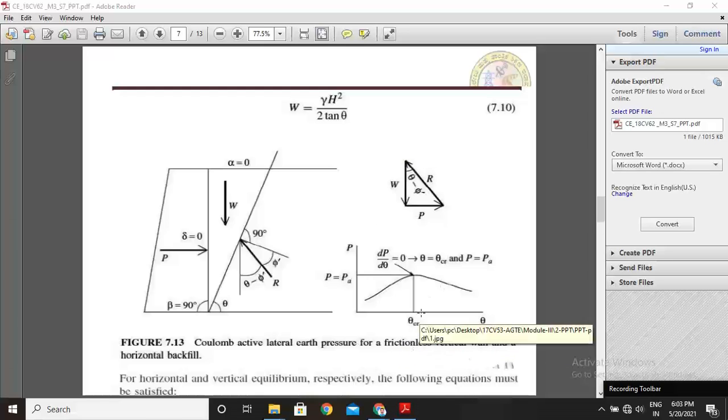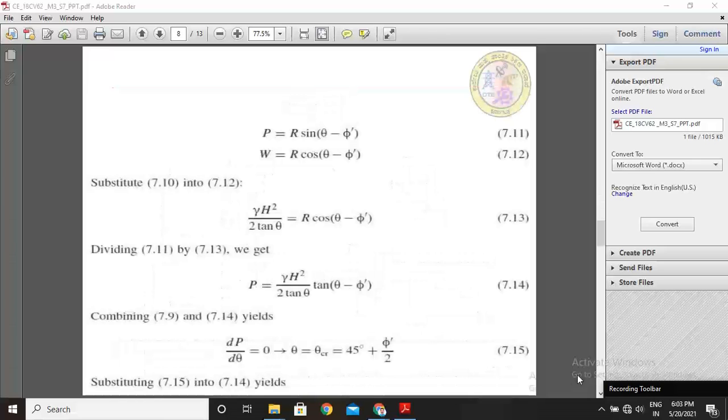Okay, this diagram is explained based on this sketch. For horizontal and vertical equilibrium respectively, the following equations must be satisfied. Here, while resolving, P equal to R sin of theta minus phi dash and W equal to R cos of theta minus phi dash.